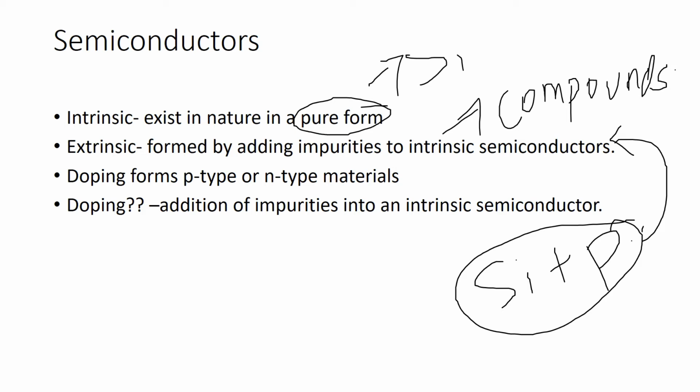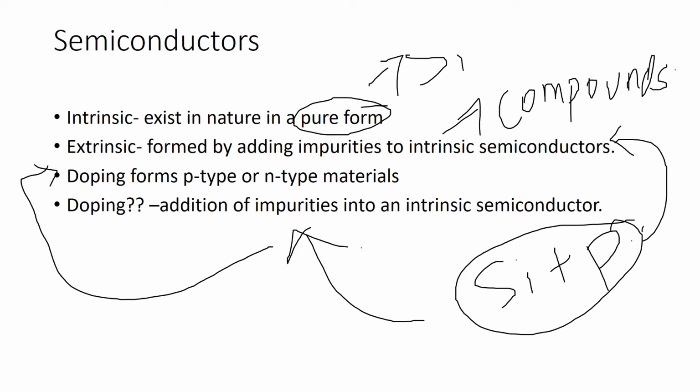Now the process of adding an impurity to an intrinsic semiconductor or a pure semiconductor is referred to as doping. Now when you dope a pure semiconductor, there are 2 types of extrinsic semiconductors that will result, which are N-type and P-type semiconductors.